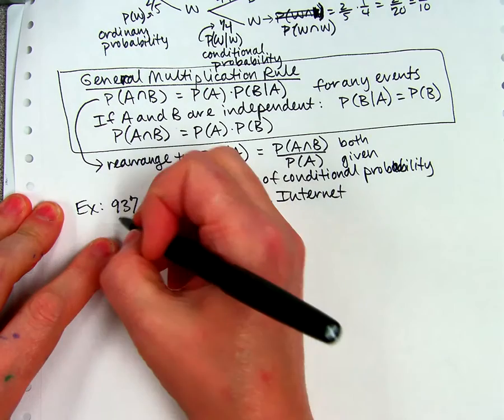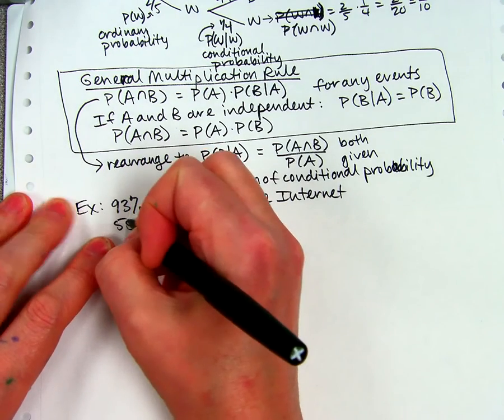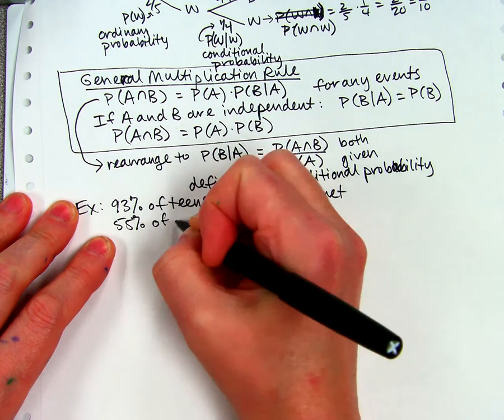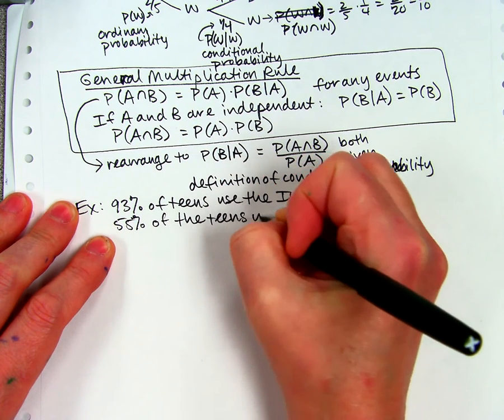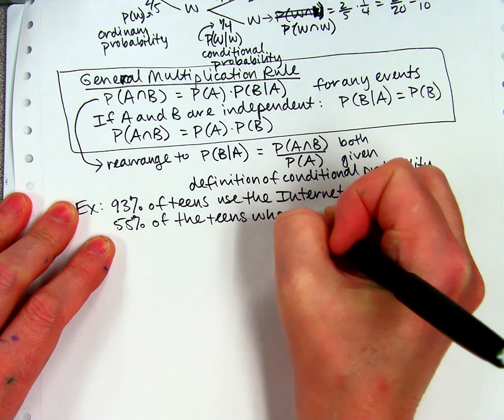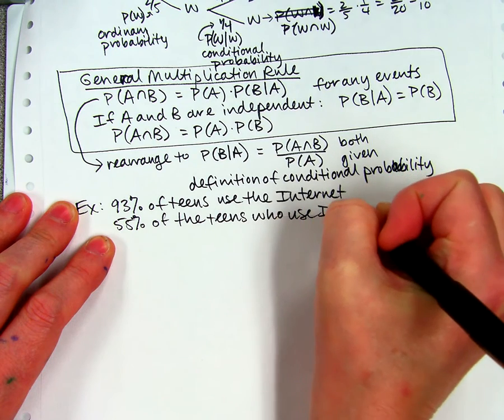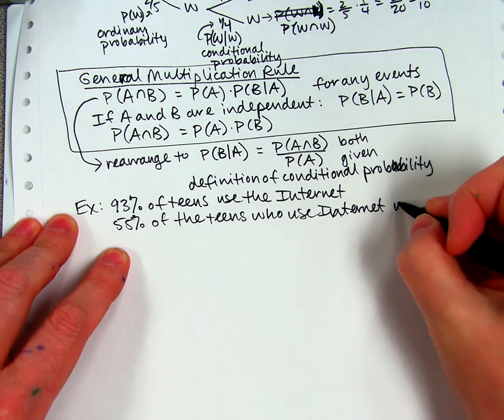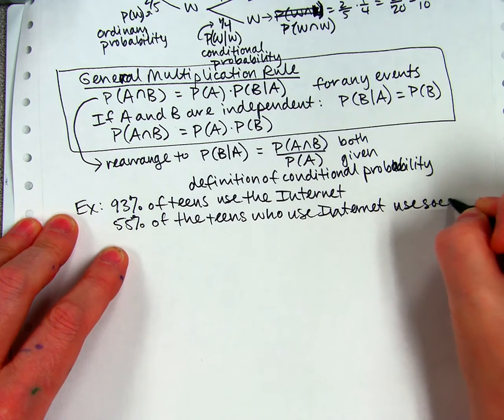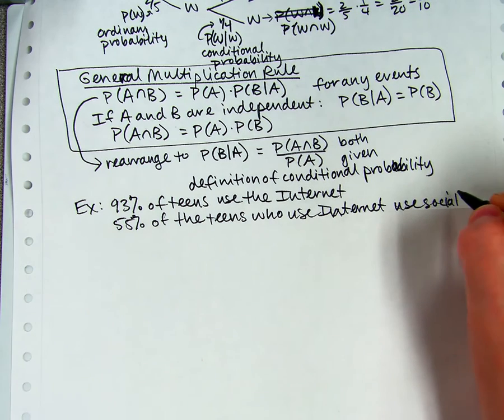All right. And then also 55% of the teens who use internet, which is not all of them, of course, also use social media. And again, I think that number might be higher nowadays, but we'll, like I said, stick with it.